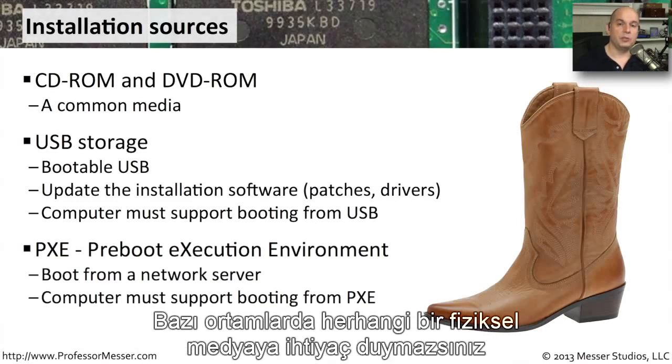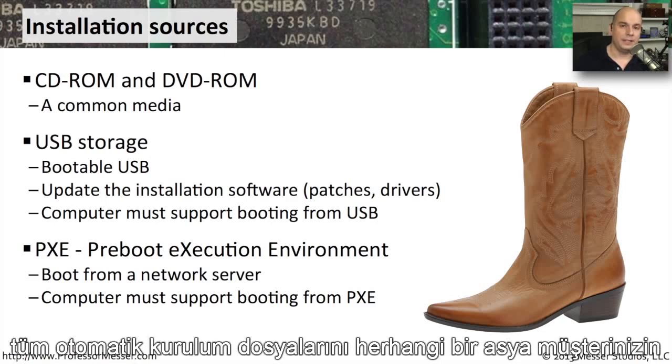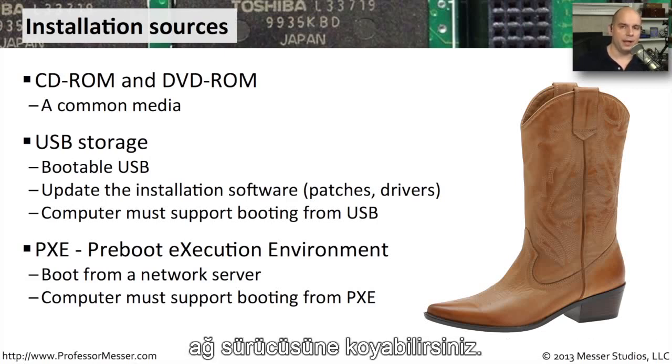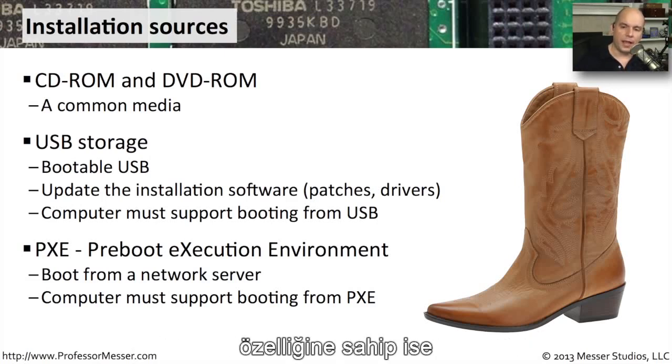In some environments, you don't need any type of physical media at all. You can put all of the configurations of your Windows installation, all of your automated installation files, and any customizations on a network drive. And your computer has a capability inside of it called a pre-boot execution environment.